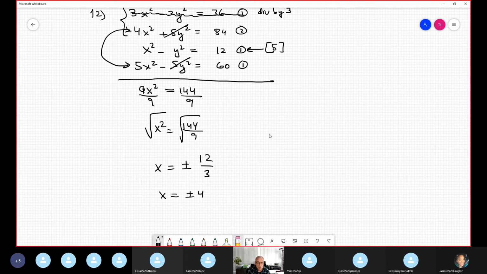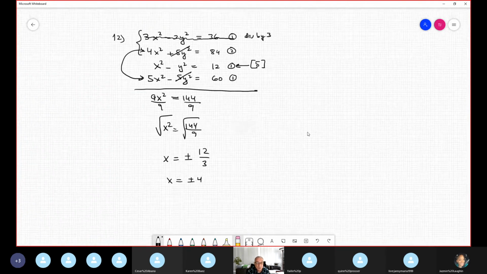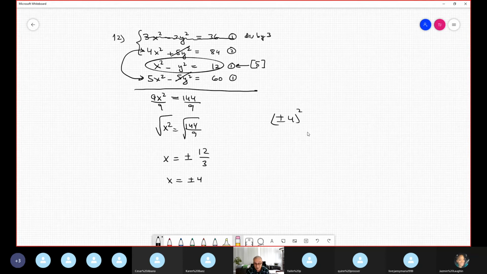4. In order to find the y value, use substitution in either equation. I prefer this equation; in my opinion, it's the easier one after the division. Entonces, plus or minus 4 squared, I plug it in both together because it's a square and the same result. Minus y squared equal 12. This is 16 minus y squared equal 12.